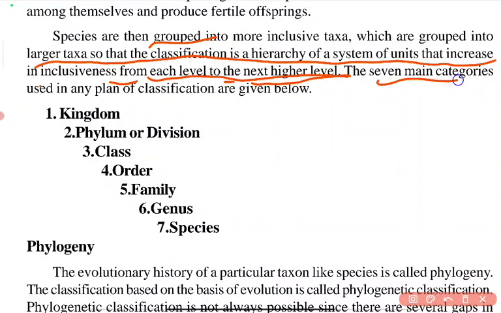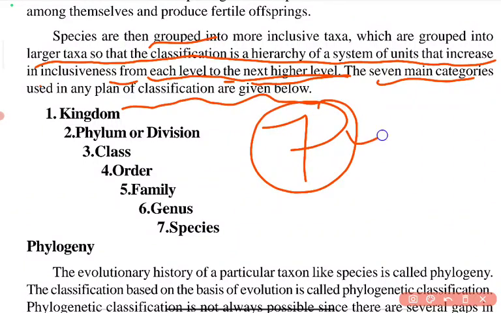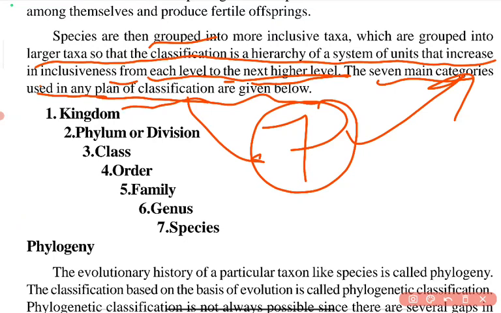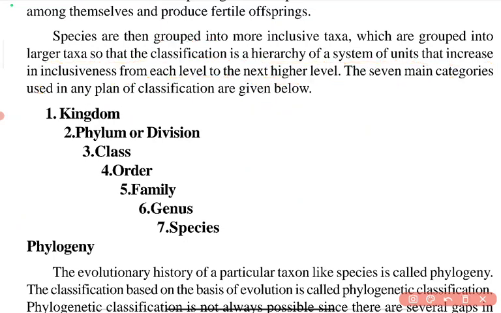How? The 7 main categories are used in the classification of plants as given below. मतलब कि friend, जो plant का classification है ना, उसमें 7 main category दिया गया है. Which 7 main categories are given and used in the classification of plants. Just remember those 7 main categories. So first thing, if you say kingdom.